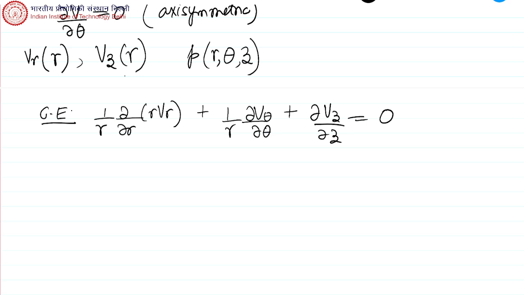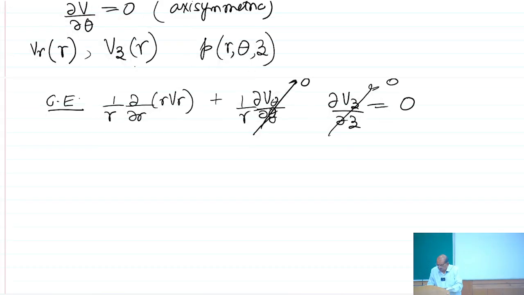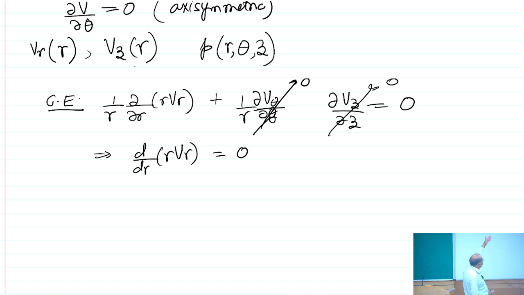So now, given this, this is 0 and this is 0. So what I get from here is, and I have also made it a total derivative.